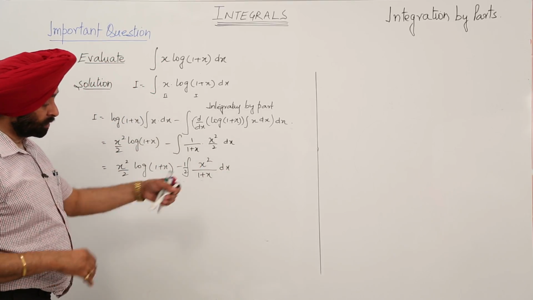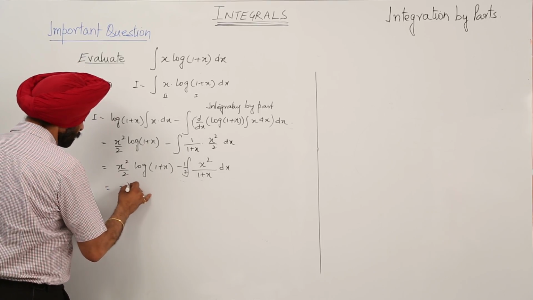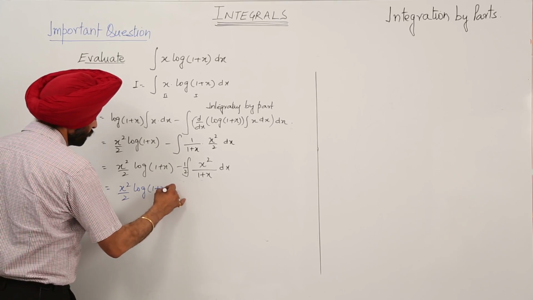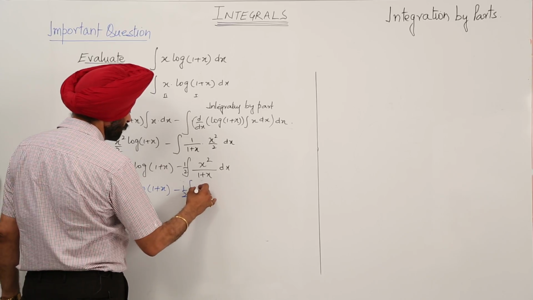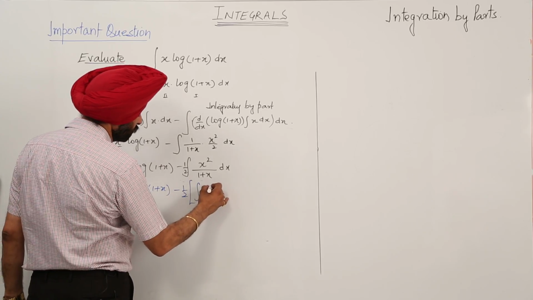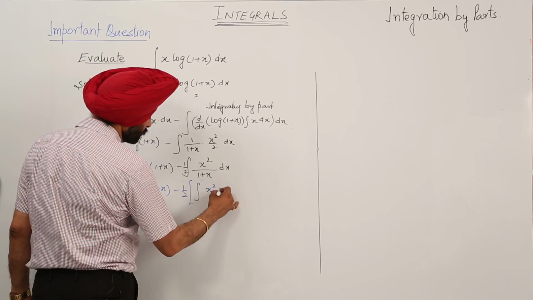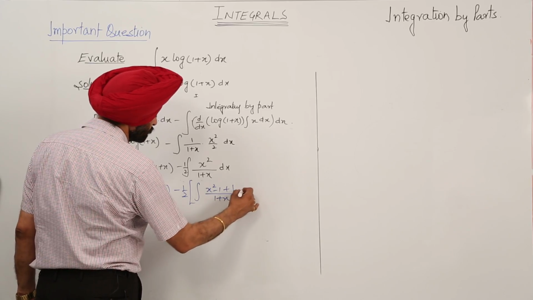Now what to do for this part? What can we do? We have x square upon 2 log(1 + x) minus 1 upon 2 integration of, now we can write it as, x square minus 1 plus 1 upon 1 + x dx.